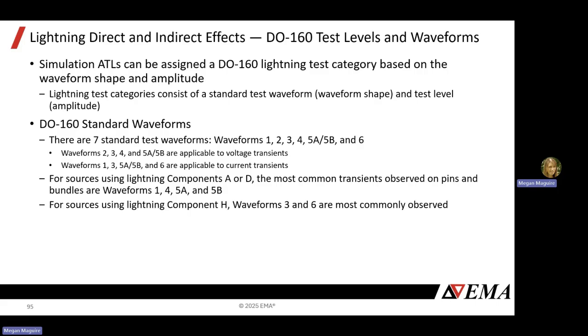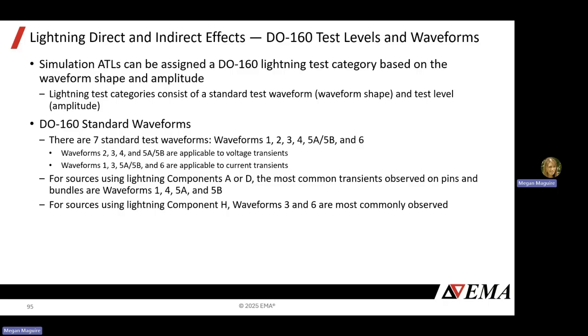So these simulation ETDLs, after you apply a margin, can be assigned that DO-160 lightning test category. These test categories consist of a standard test waveform and a test level that's based on amplitude. I don't go into much detail here, but there are 7 standard test waveforms: 1, 2, 3, 4, 5A, 5B, and waveform 6. Which one is applicable depends on if you're looking at voltage or current transients.